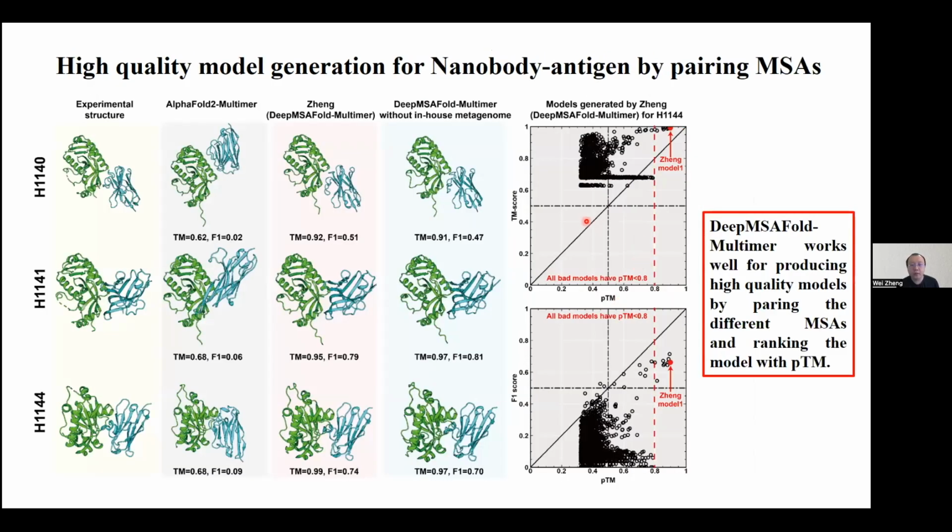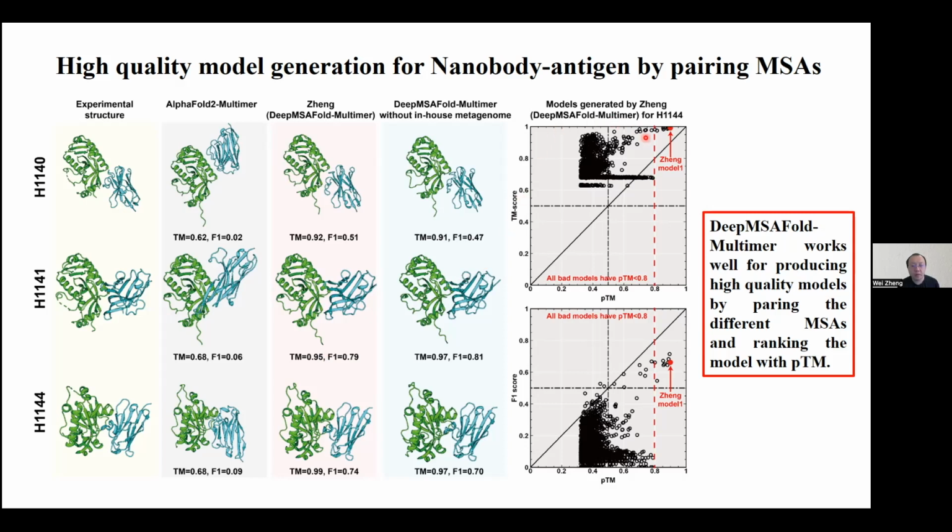Here are three nanobody and antigen complexes that AlphaFold 2 can generate models with TM score lower than 0.7. However, DeepMSA fold can generate very high quality models with TM score all greater than 0.9.